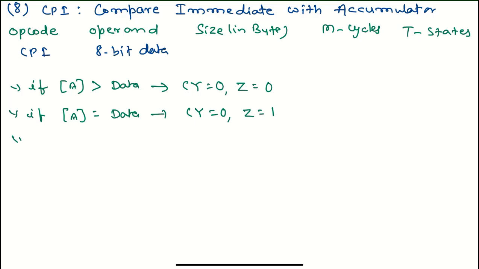And as a third case, if the accumulator content is lesser than the data, then what will happen? A carry or borrow is required. So the carry flag will be set and the result will be non-zero negative. That is the reason the zero flag will be reset.